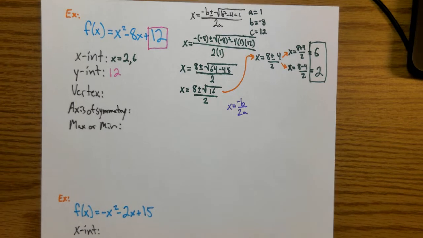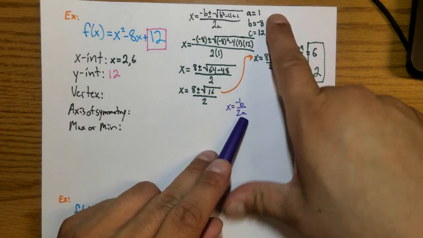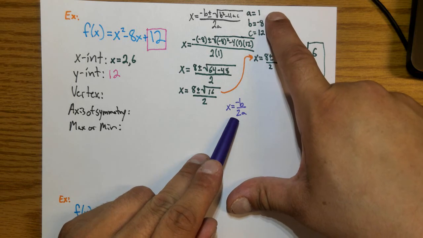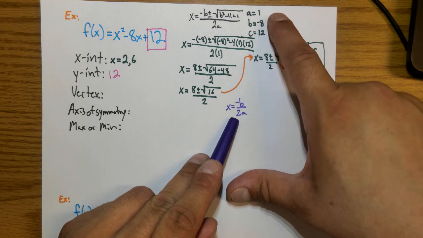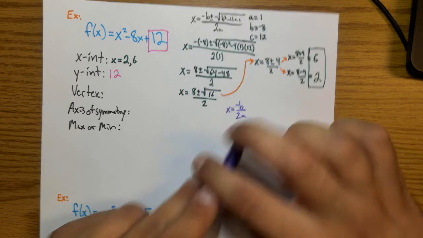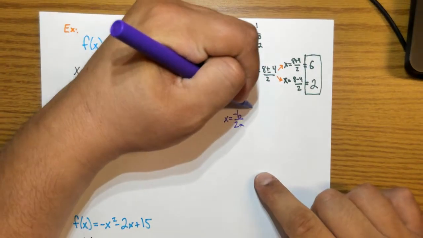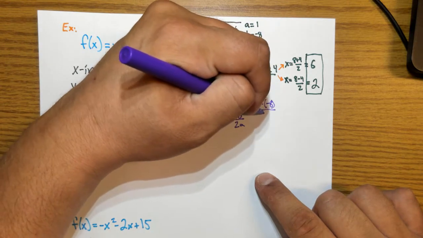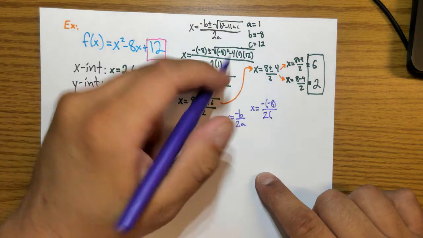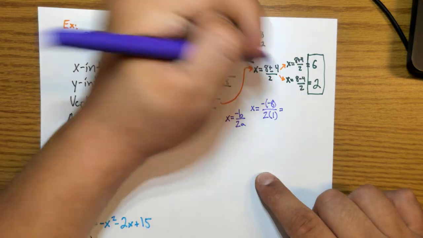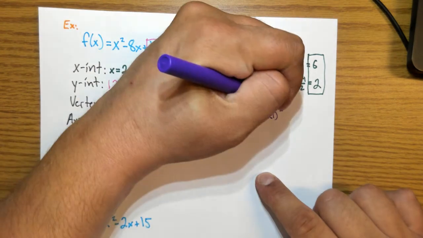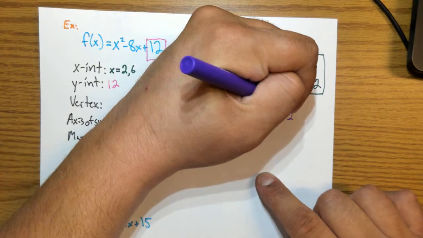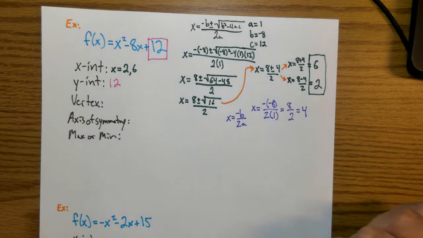So our a's and b's are the same as up here, so we can just use the same ones. So b is negative 8, so it's going to be x equals negative 8 over 2 times a, which is 1. So negative negative 8 is positive 8, divided by 2 times 1 is 2, 8 divided by 2 is 4.